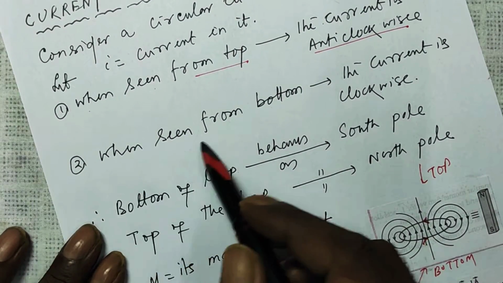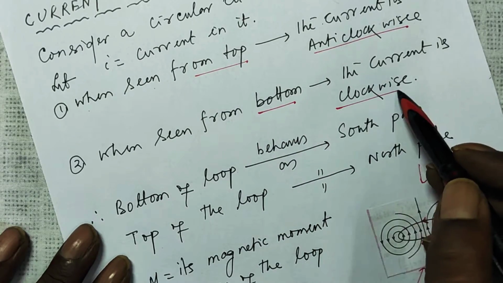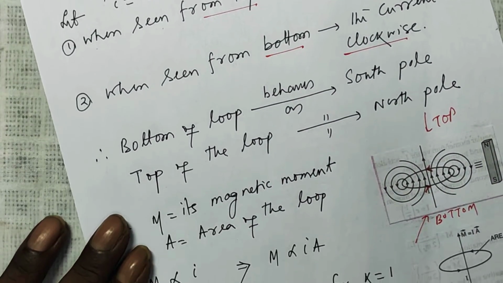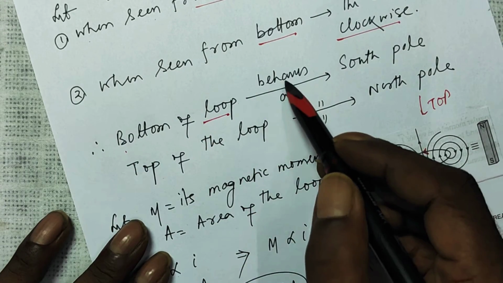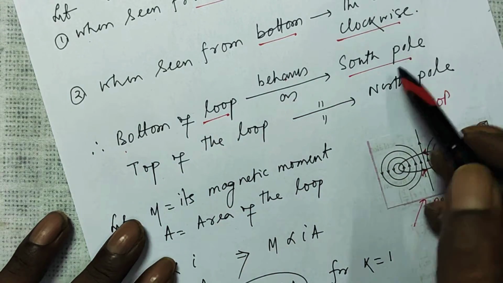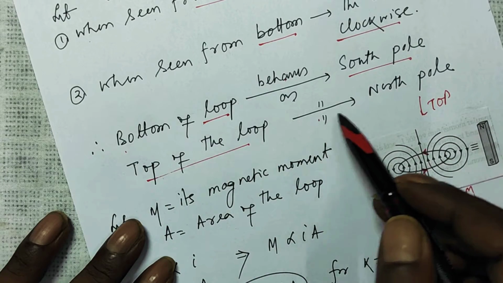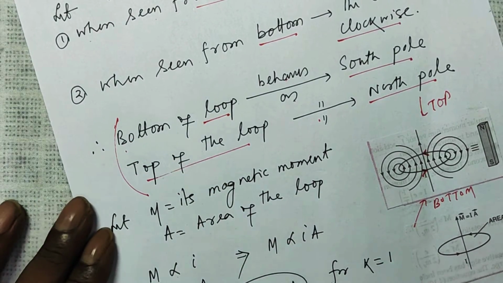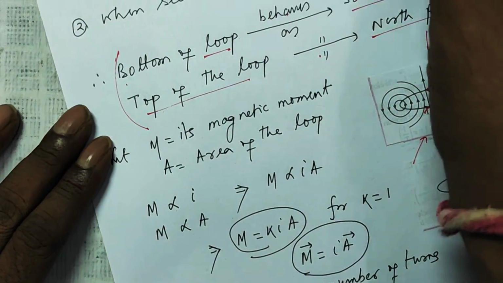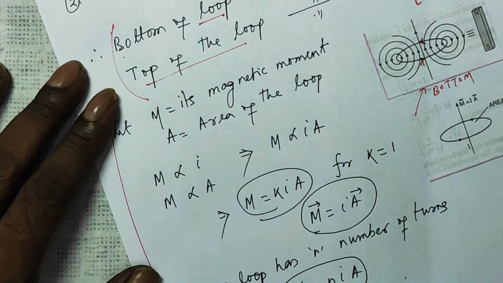Therefore, when seen from bottom, the current will be clockwise. Therefore, the conclusion is the bottom of the loop behaves as south pole of a magnet, and the top of the loop behaves as the north pole of a magnet. This is only the small derivation.